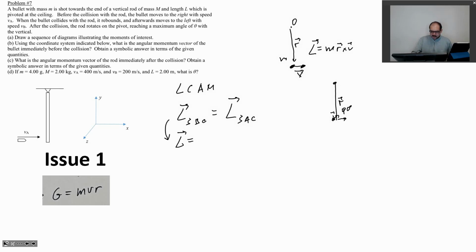It will be equal to mass times the magnitude of r times the speed. The direction can be found by the right-hand rule. This is the velocity, this is the radius vector, and if you make it move in that direction, that's counterclockwise.